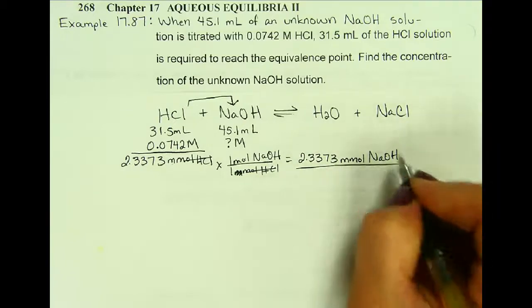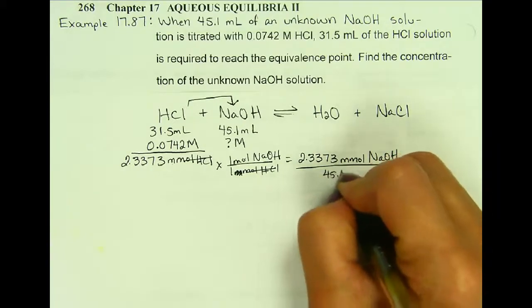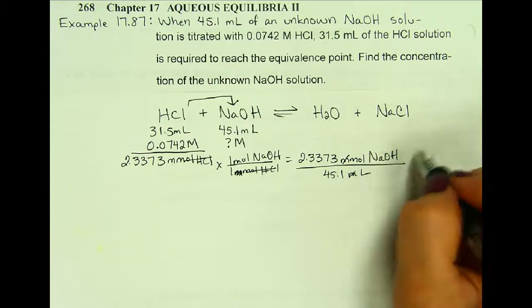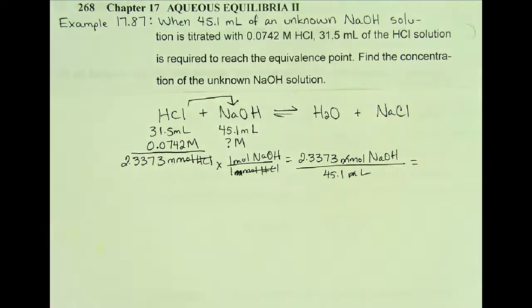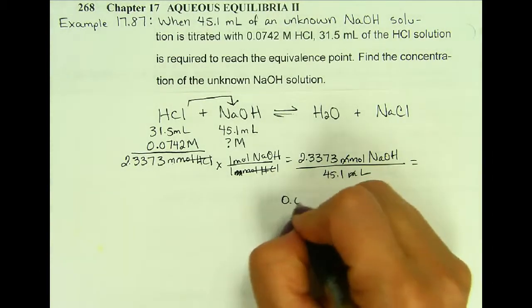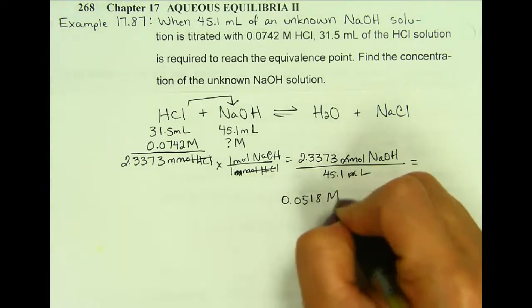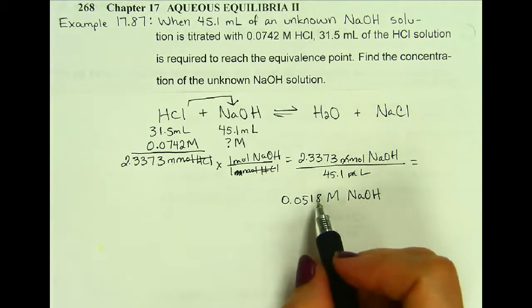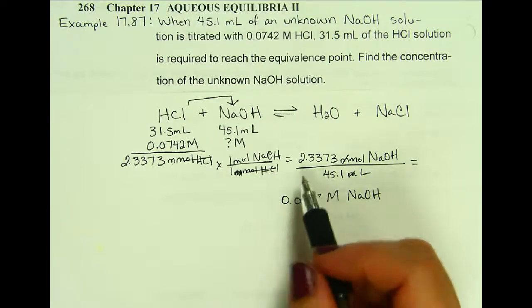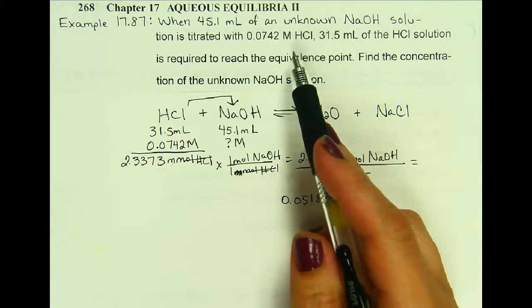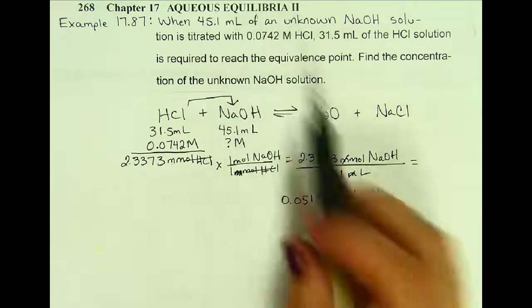So if I take this and divide by 45.1 milliliters, notice the millis cancel, I get moles per liter, which is going to equal the molarity, which is 0.0518 molar sodium hydroxide. So this is the concentration of the sodium hydroxide that it took in order to completely neutralize this molarity of hydrochloric acid when these two volumes were added to one another.